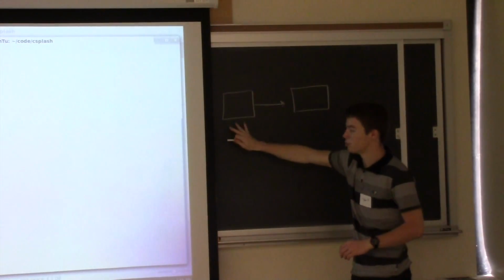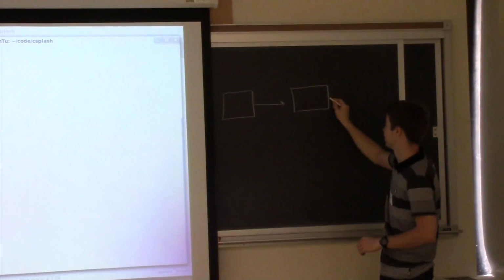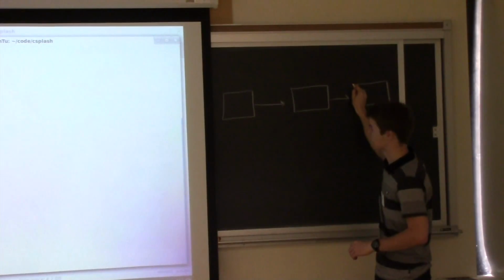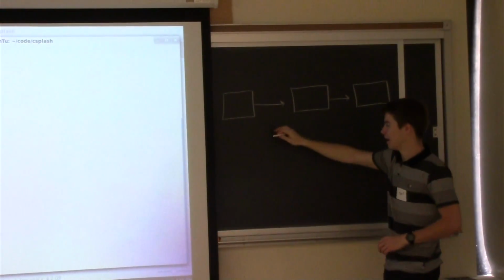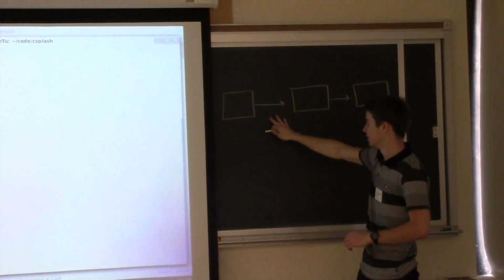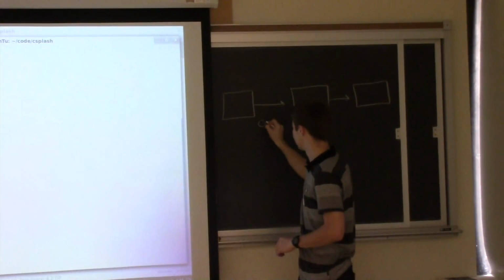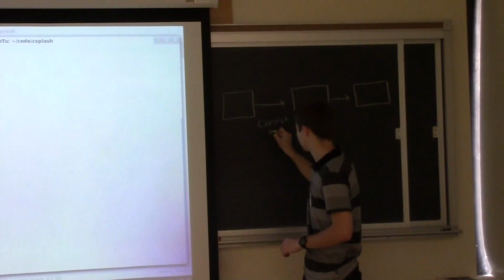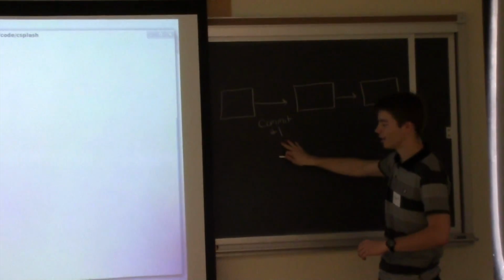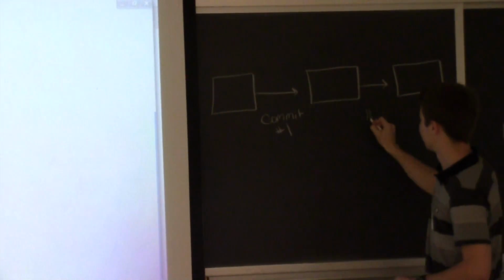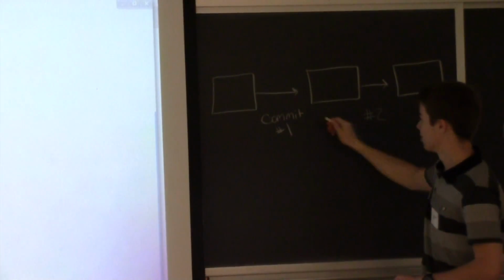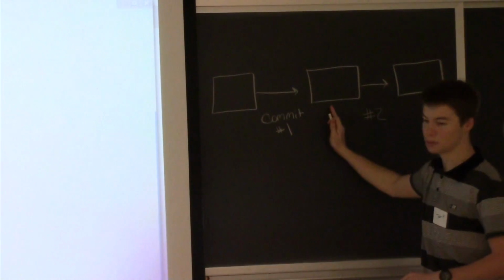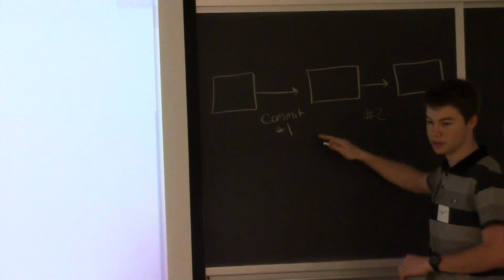Meaning this is like commit number 1, commit number 2, and so on. So at every point here, it's storing all of the changes from each state. So then if you say, I want to go back to this point, it just undoes all of those changes.